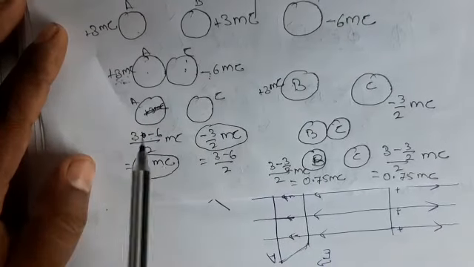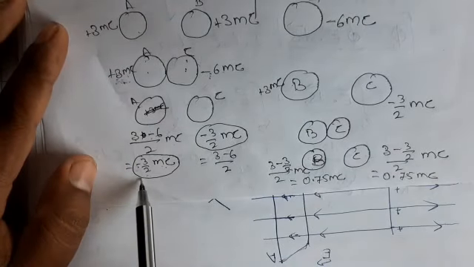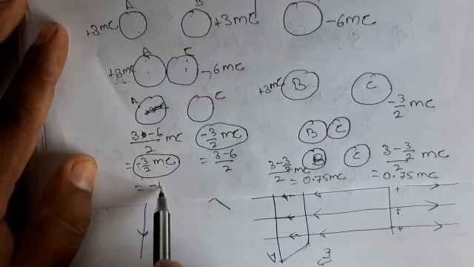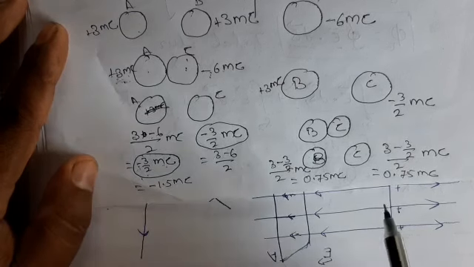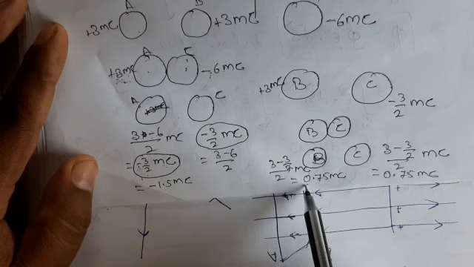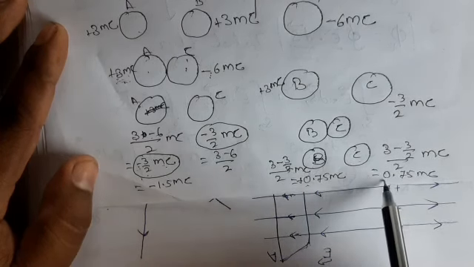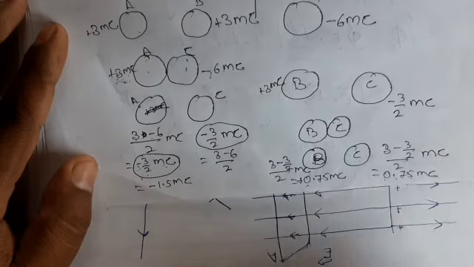Okay, so here A will have a charge of minus 3/2 millicoulomb, which equals minus 1.5 millicoulomb. B has a charge of plus 0.75 millicoulomb and C has a charge of 0.75 millicoulomb.